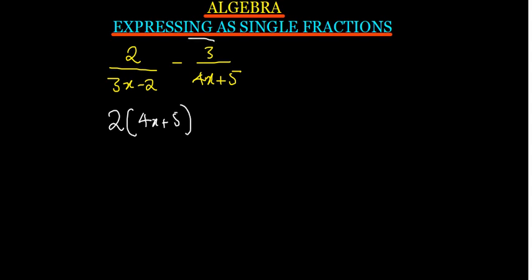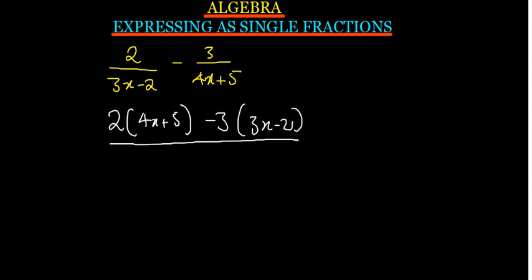Then you get the 3 with the sign, so that is negative 3, and multiply with what is down in the other fraction, that is 3x minus 2. And down, you multiply those two things you can see in the denominator, so that is 3x minus 2 and then 4x plus 5.